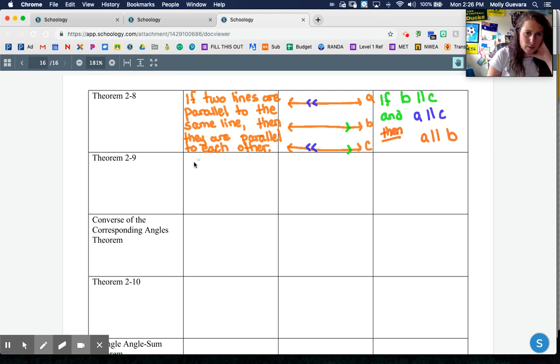The next one that we're going to look at is theorem 2-9. So this says if 2 lines are, and I'm going to use the symbol, right, perpendicular. So remember that means perpendicular.